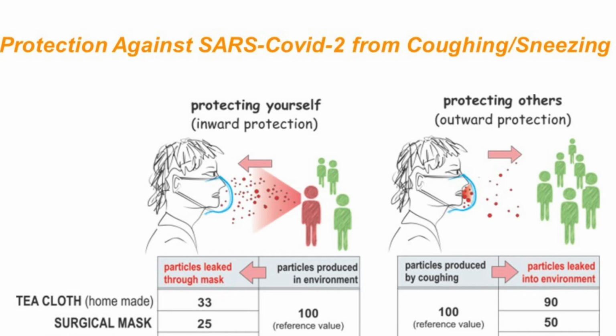If you have a surgical mask, the protection is slightly better. It goes down to 25. But if you have a very effective N95 mask, it's really highly protective. It basically stops 99% of them from being released into the environment. So the particles leaked out of 100 is 1.